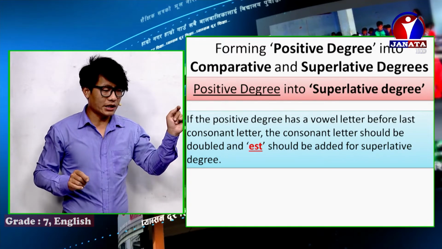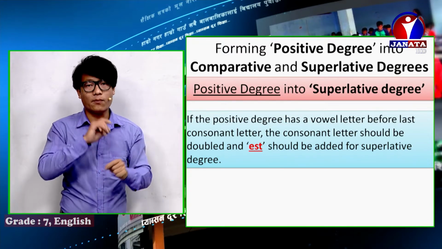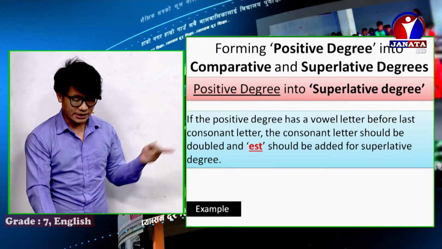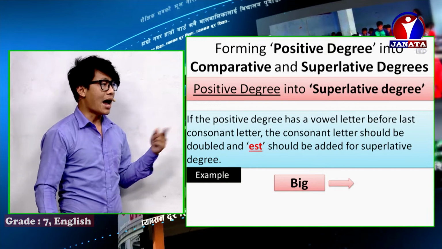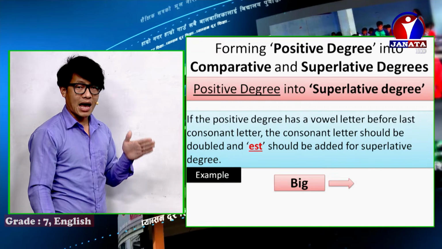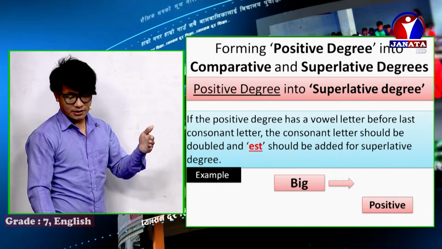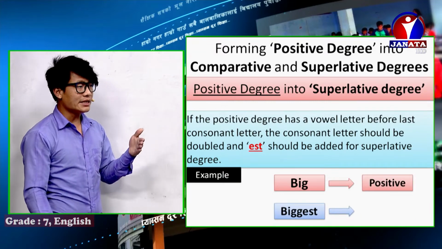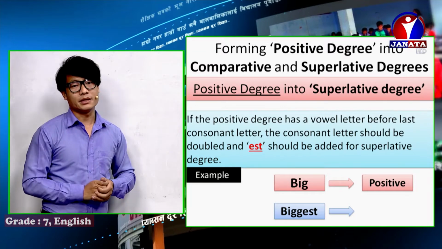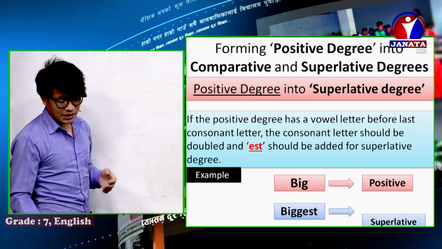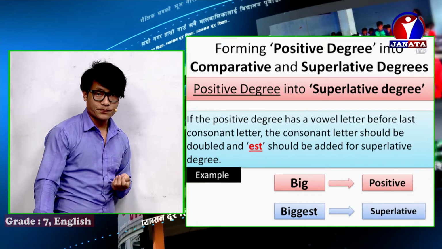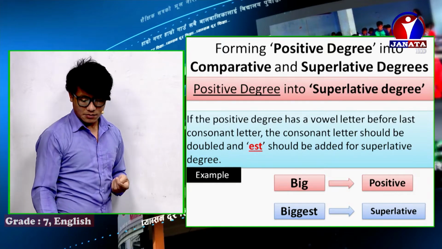For comparative, we need to add ER, but for superlative, we need to add EST. See this side. Example, B-I-G, big. Before G there is I, so we need to double G. B-I-G-G, and we need to add EST to form superlative degree. Big, biggest. Biggest is a superlative degree. Okay? Now let's have more practice here.